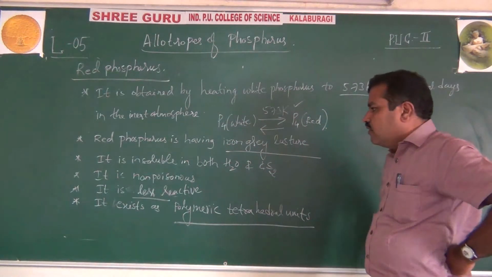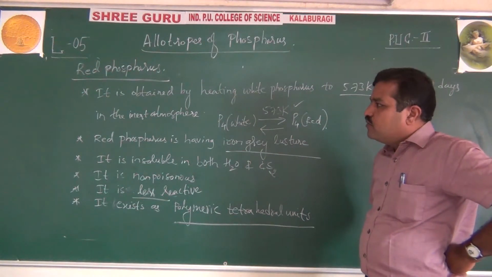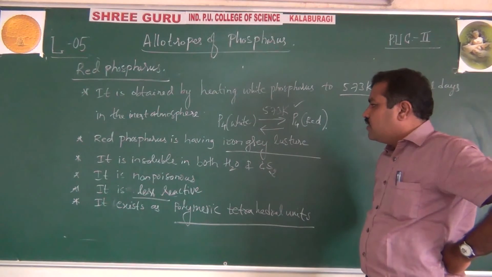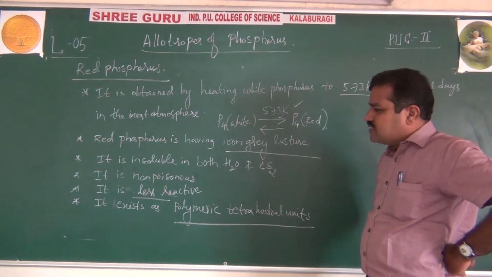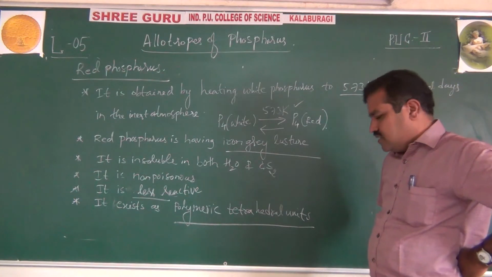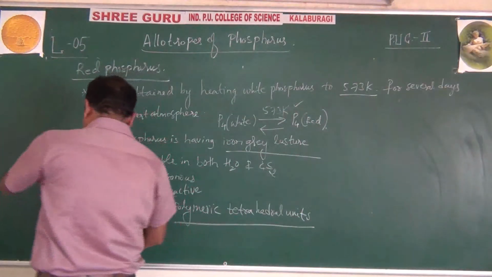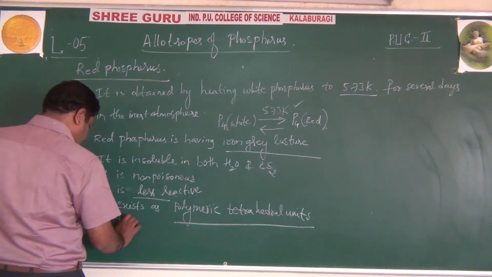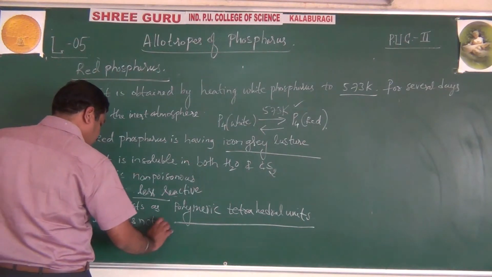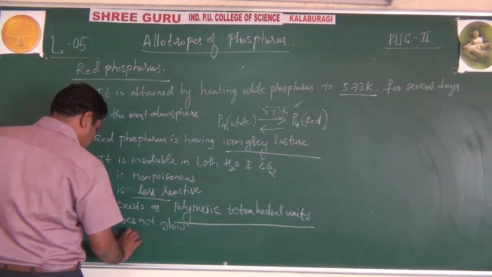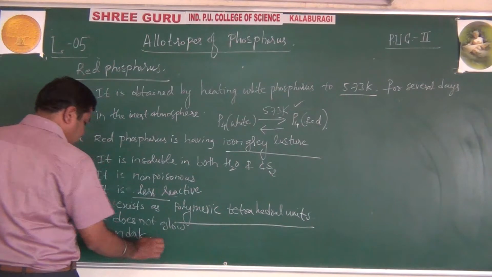That's why it is less reactive compared to white phosphorus, insoluble in both carbon disulfide and water, having iron gray luster, in the crystalline state only, and it does not glow in the dark. It does not show the chemiluminescence property.